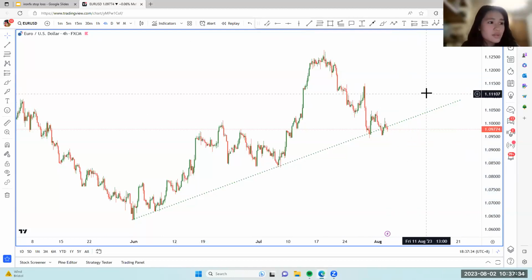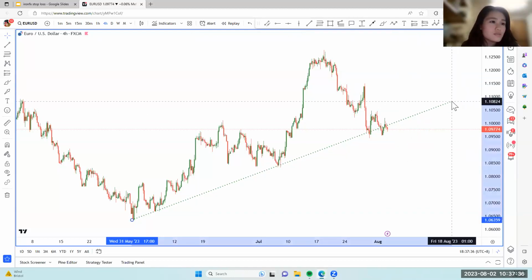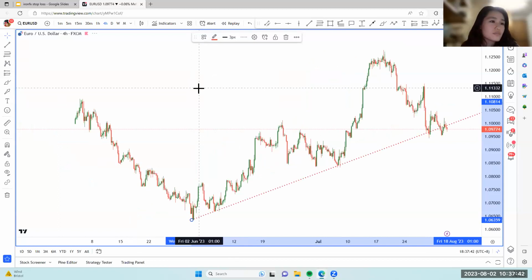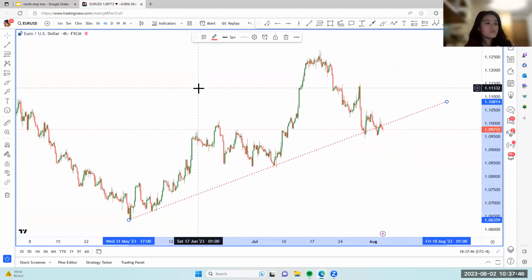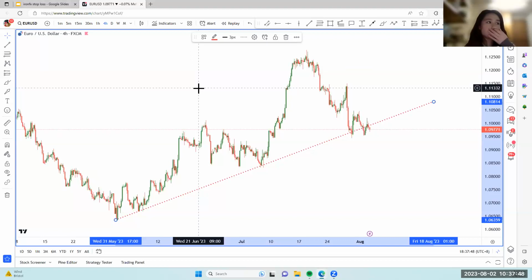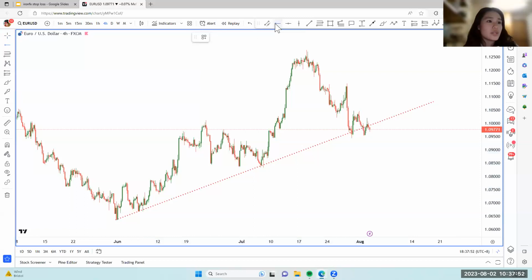Okay, it does look like price is breaking out of the ascending trend line here. But let's go in with some support and resistance levels.